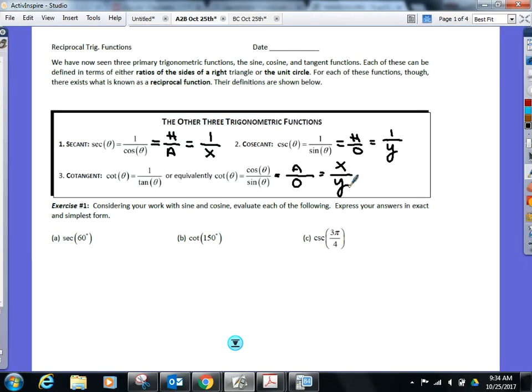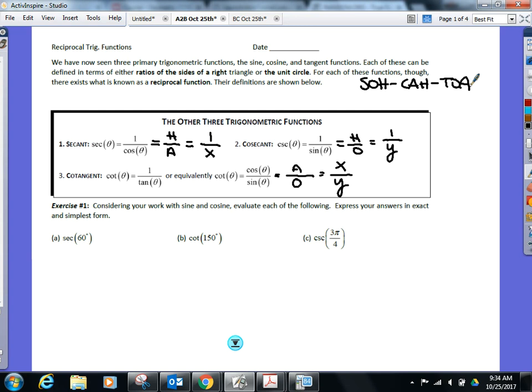Okay. Now I get that this is a lot to consume right now in the last 5 minutes. I'm going to give you a little device to help you. All right? We all know SOHCAHTOA. First time, second time, third time using this, a lot of kids always mix these up. Which one goes with cosine? Which one goes with sine?